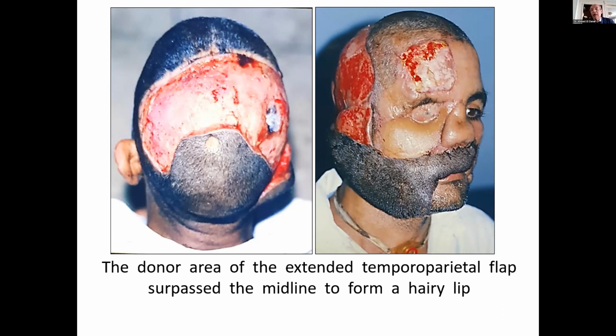I used a right based extended temporoparietal flap, extended to reach the side of the upper lip and the mouth. It was extended, crossing the midline of the scalp to reach the destination.